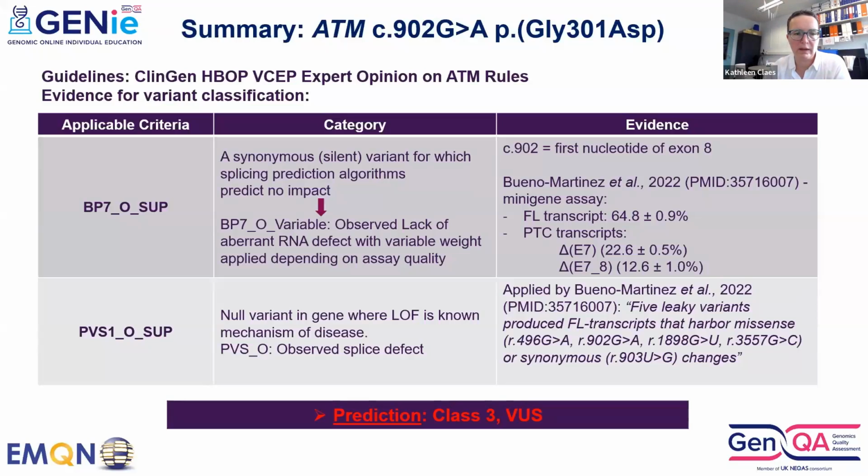PVS1 is normally applied for a null variant in a gene where loss of function is a known mechanism of disease, and the paper from Bueno Martínez et al. indicated themselves that they would apply PVS1 as an observed splice defect. But if you apply BP7 or PVS1, you end up in a class 3, a variant of uncertain significance. Next slide, please.